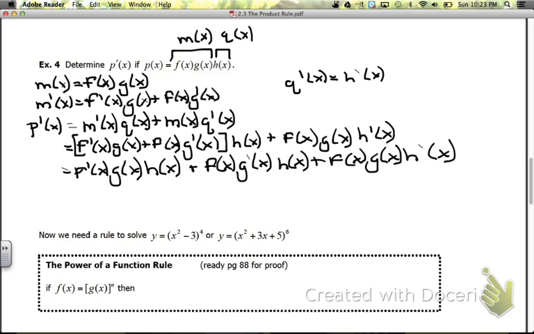And so you need to make sure that you're actually taking the derivative of all functions, f of x, g of x, and h of x. And what this is called is the extended product rule, which makes sense, right?